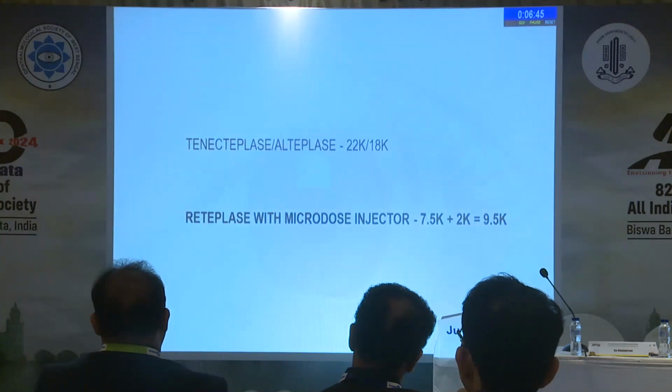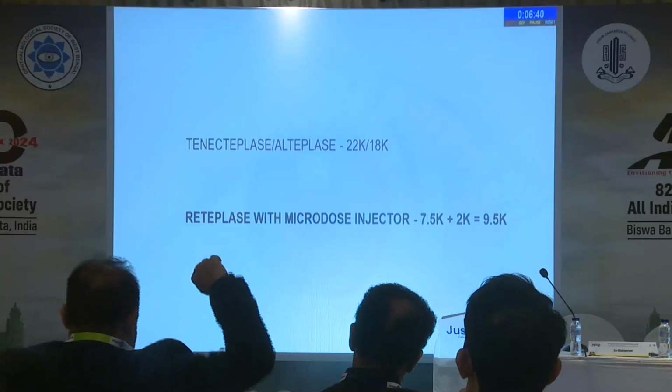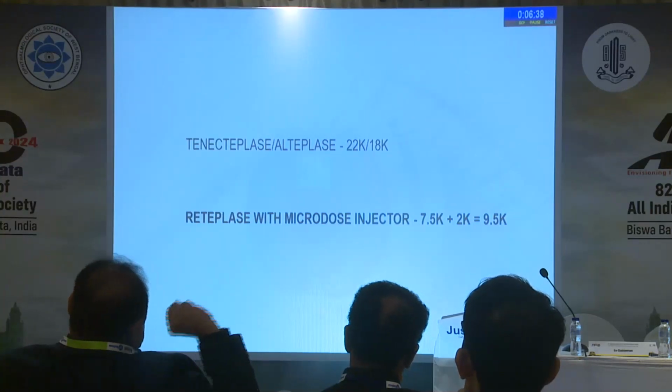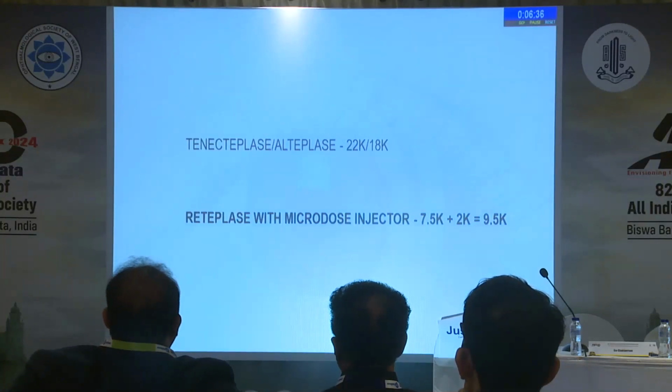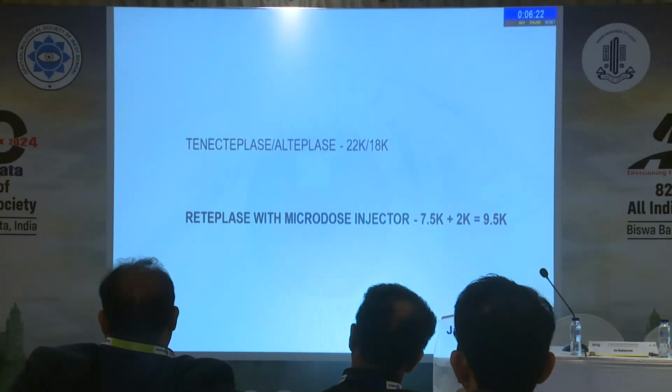And regarding the cost factor, if we purchase Actilyse, there are two packages for it, 40 mg and 30 mg. Considering we're using at max 100 micrograms, 30 mg will work fine, but even 30 mg will cost you between 20 to 25,000 rupees. But Reteplase will come in for 15,000 rupees. It has two vials, so the per vial will cost you 7.5 thousand rupees, and a microdose injector will cost you around 2,000 rupees.